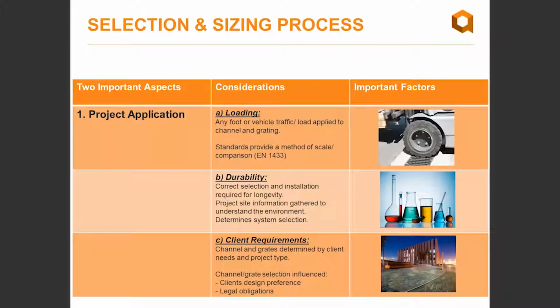The second one is the durability. We need to look at the environment and make sure that the system is compatible to have a durable system. The third one is the client requirements, which may include design preferences or legal obligations. Those are the important factors. We will go through them in detail in the next few slides.